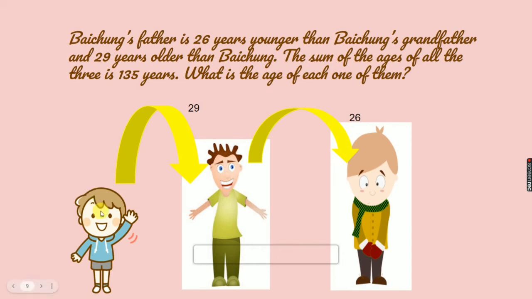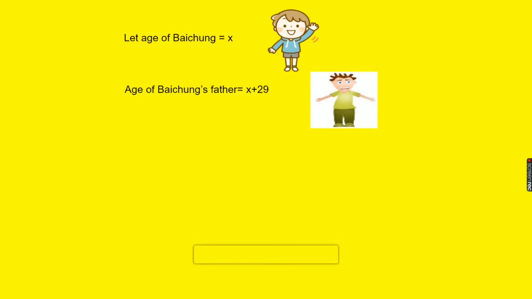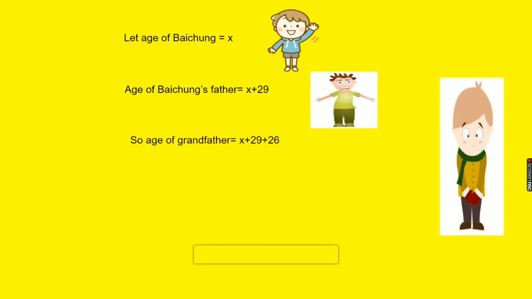Got it? Baichung's age is equal to x years, his father's age is x plus 29. So let the age of Baichung be x, age of Baichung's father is x plus 29, and age of grandfather is equal to x plus 29 plus 26, because he is 26 years bigger than his son.